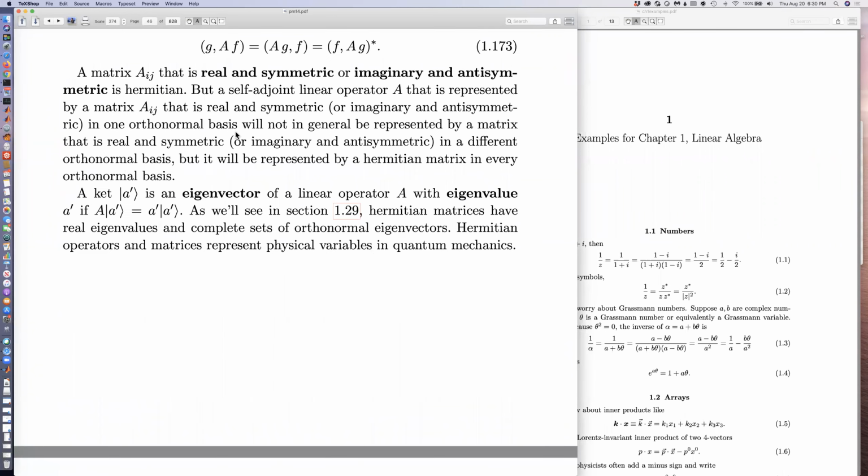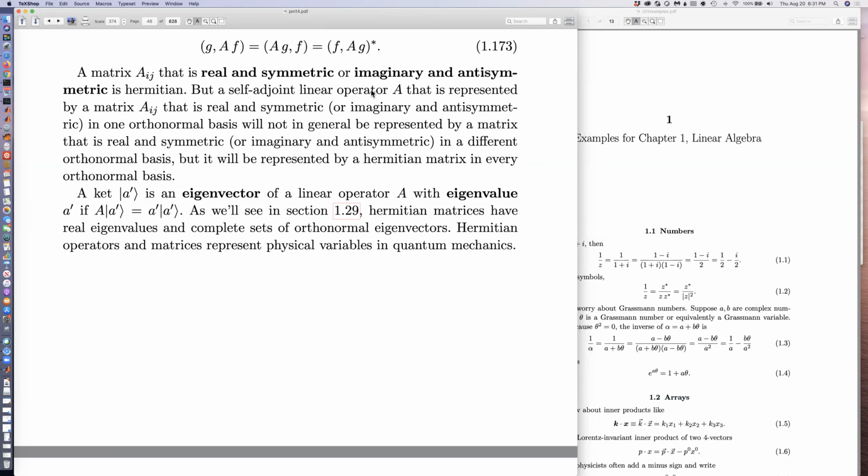Now, a few more things are that a matrix that is real and symmetric, or imaginary and anti-symmetric, is Hermitian. So most of the Hermitian matrices that you'll see in textbook examples are real and symmetric, or imaginary and anti-symmetric. But that doesn't mean that every Hermitian matrix is either real and symmetric or imaginary and anti-symmetric.